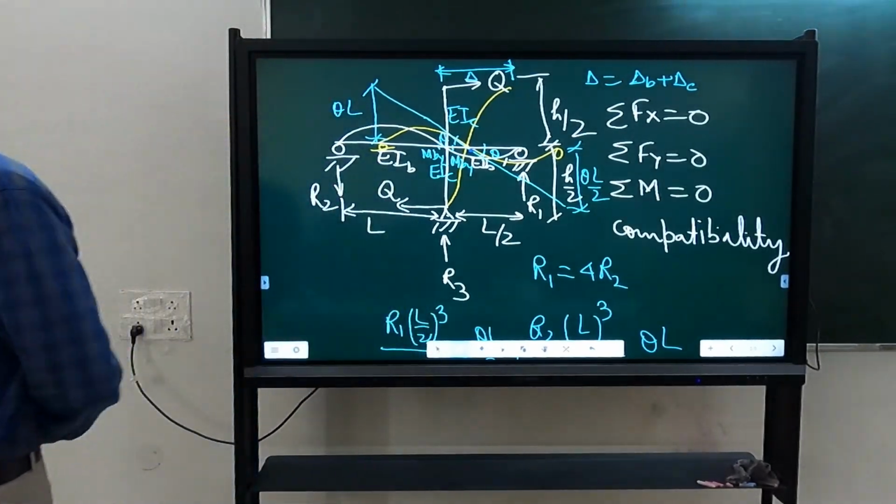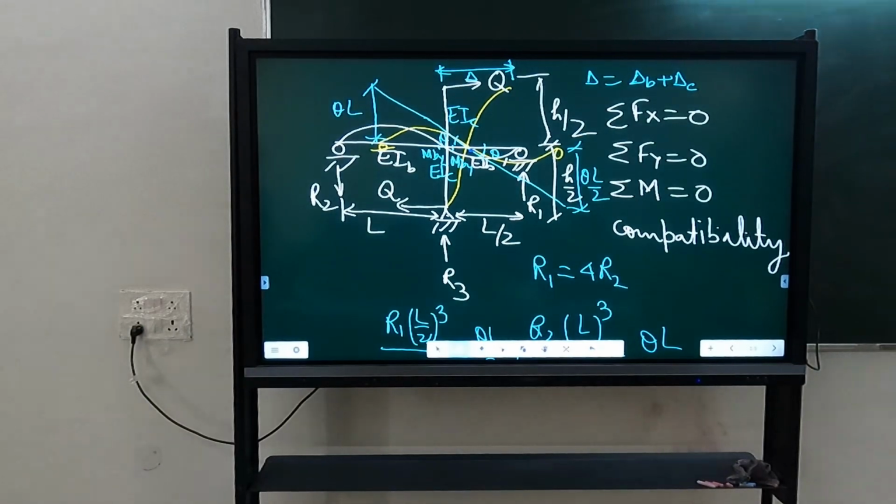But sir, in this case, at this location it is 0.66, and this side it is 0.33. So the first hinge is where the DCR is 0.66, and the second hinge has to come at the other location.